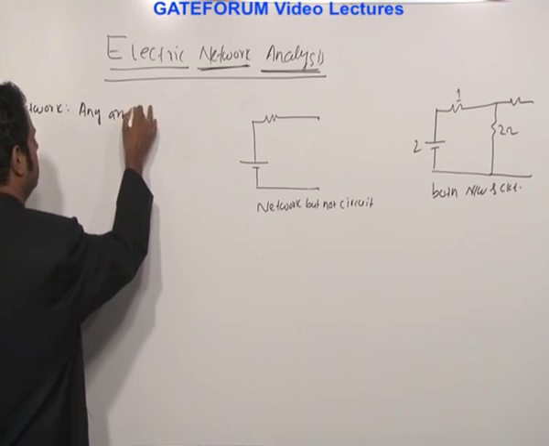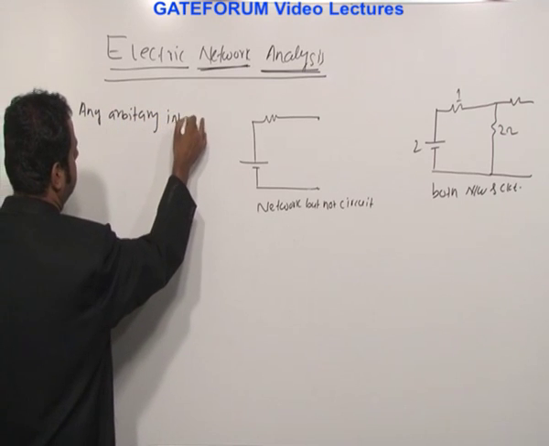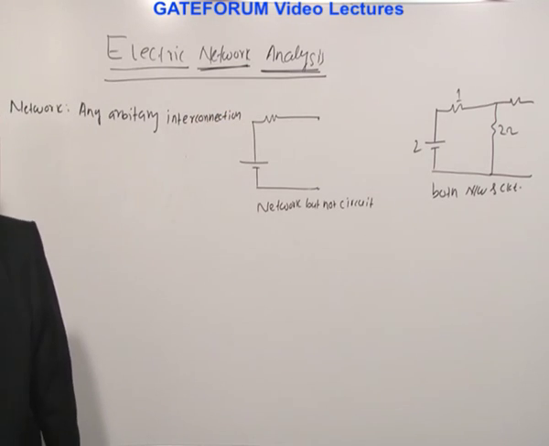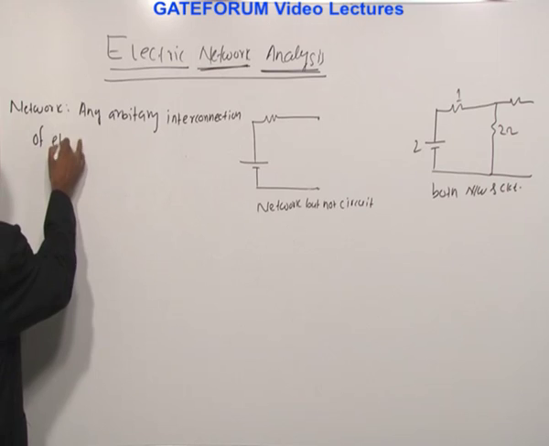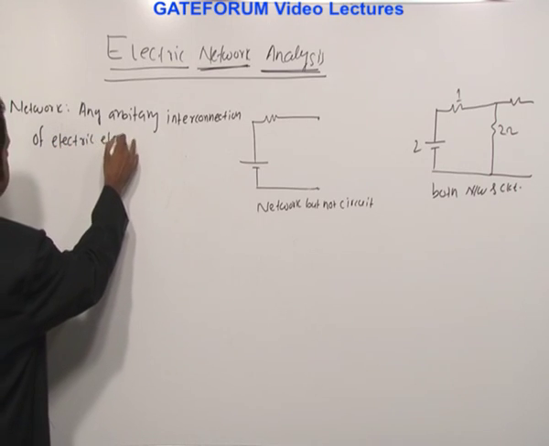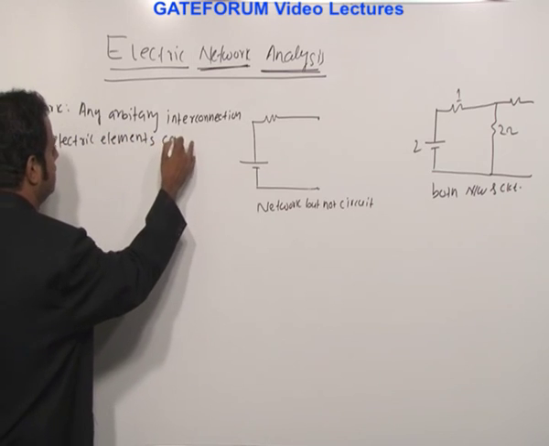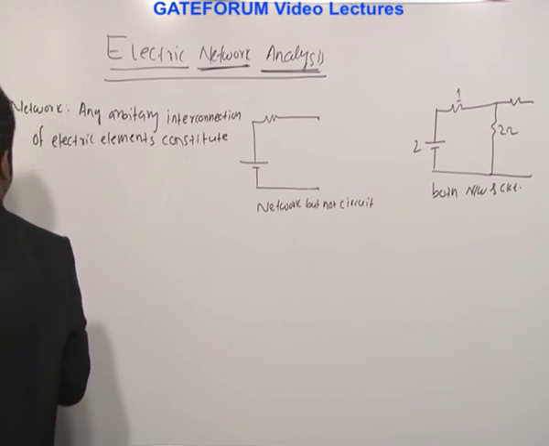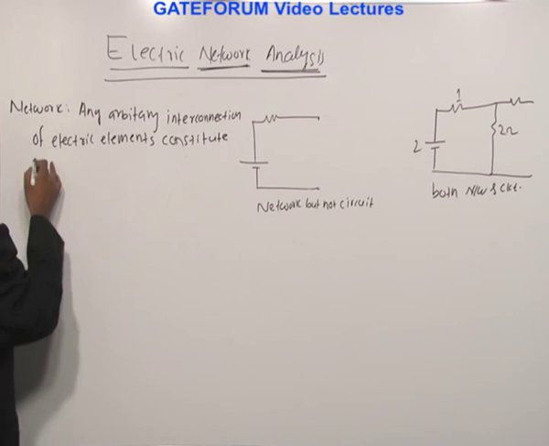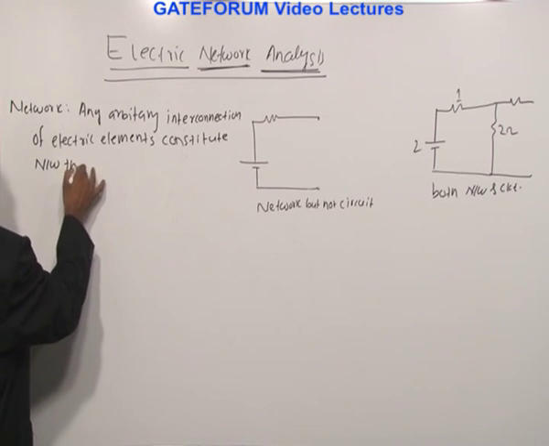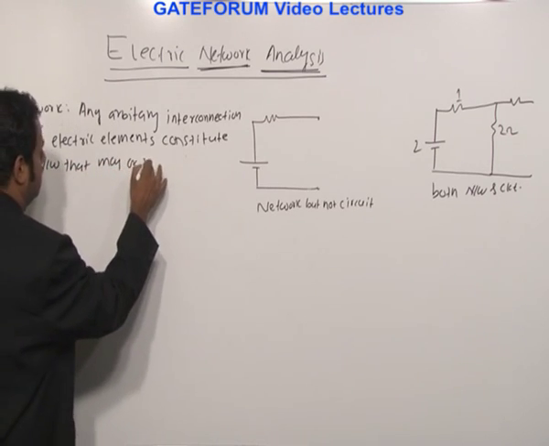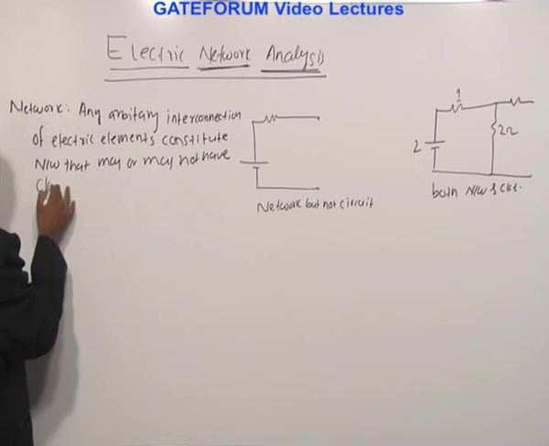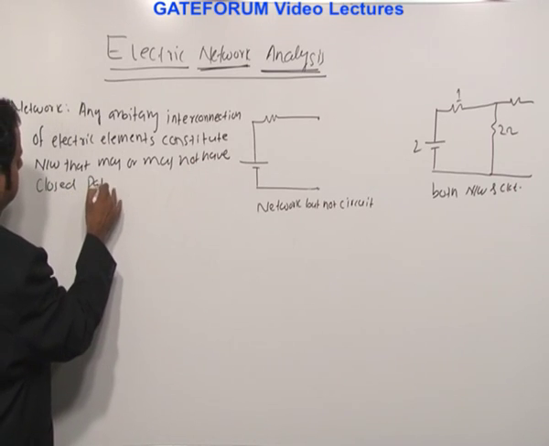Any arbitrary interconnection of electric elements constitutes a network that may or may not have a closed path.